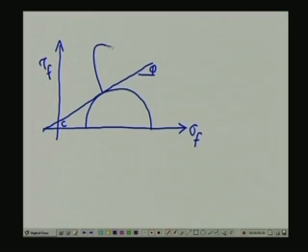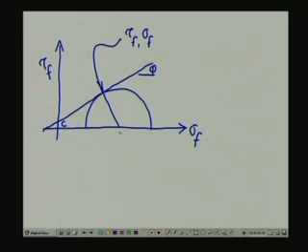Now this point here, as you have learnt already, is given by tau f, sigma f. So the normal stress on that particular plane is sigma f and the shear stress is tau f.